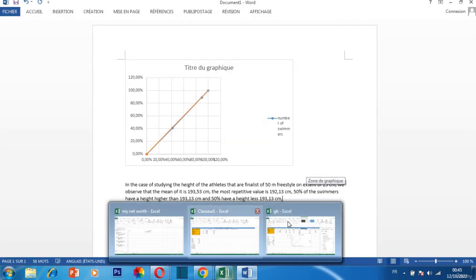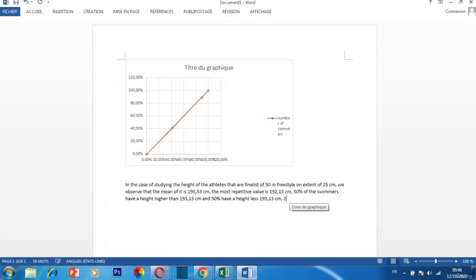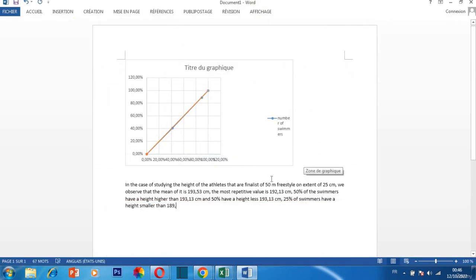For the quartile, 25% of swimmers have a height smaller than 182.89.16 centimeters.